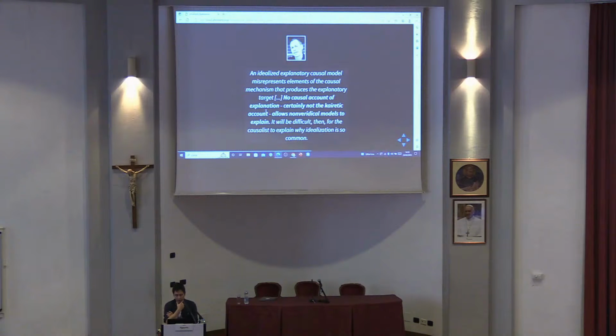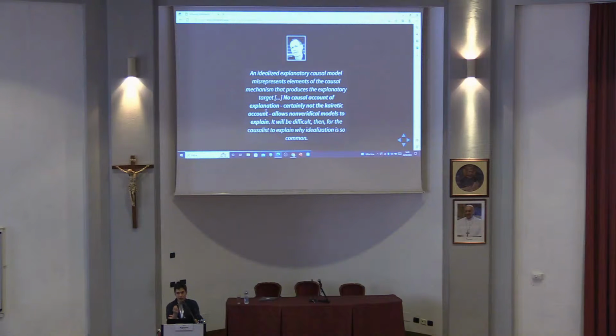An idealized explanatory causal model misrepresents elements of the causal model that produces the explanatory target. It will be difficult then for the causalist to explain why idealization is so common. So Strevens takes it on himself to offer an account of how idealized models, models which are inaccurate representations of the causal processes involved, can be explanatory.